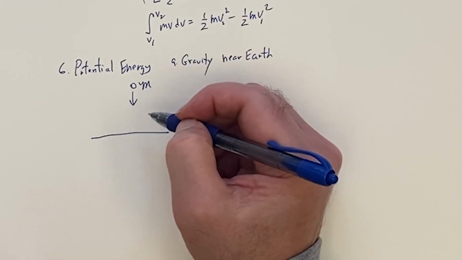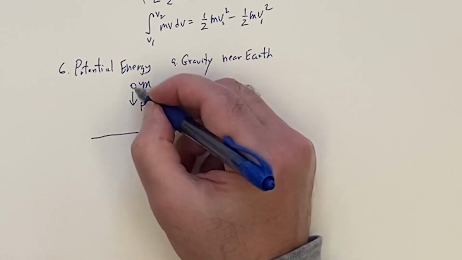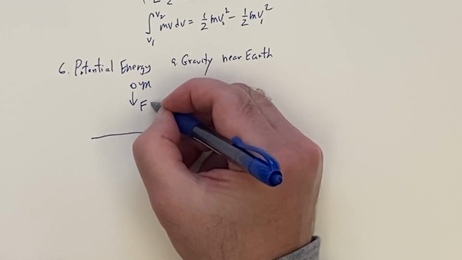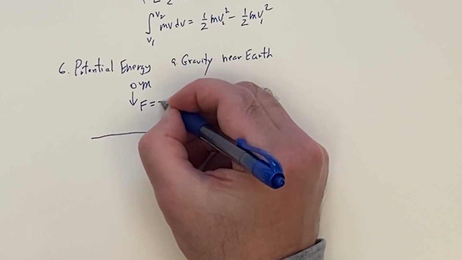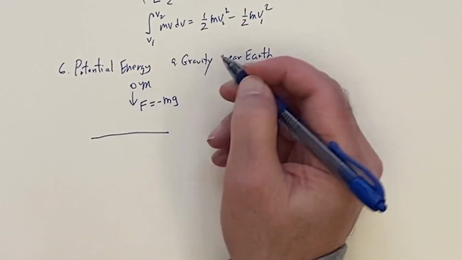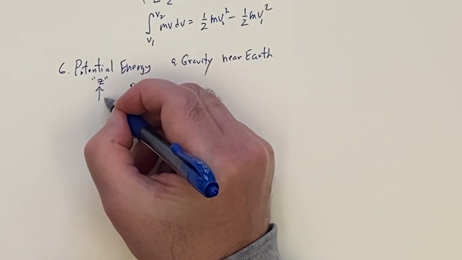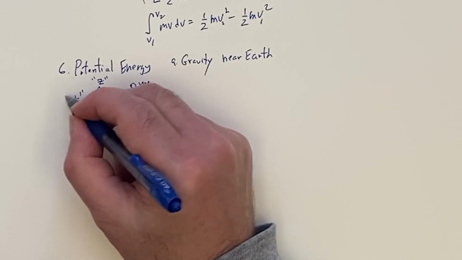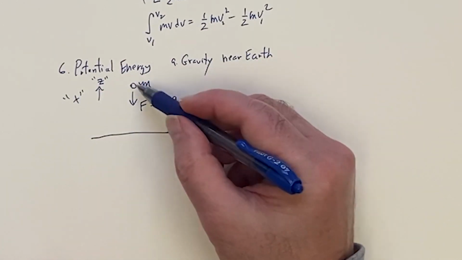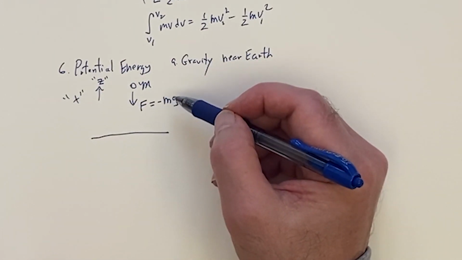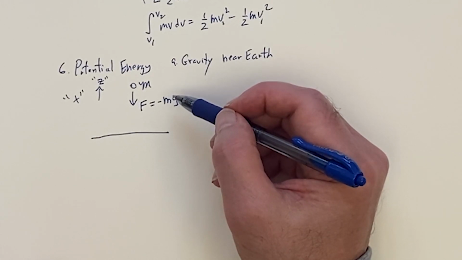Then the force is going to be minus mg, because I want to be careful with the signs. I'm going to call up the positive z-axis. So up is positive, which means this would be negative, mg pulling me down.